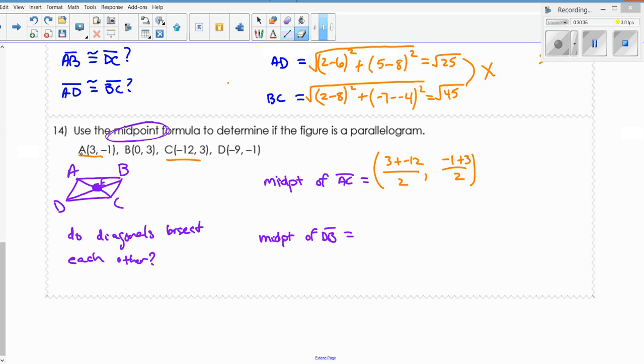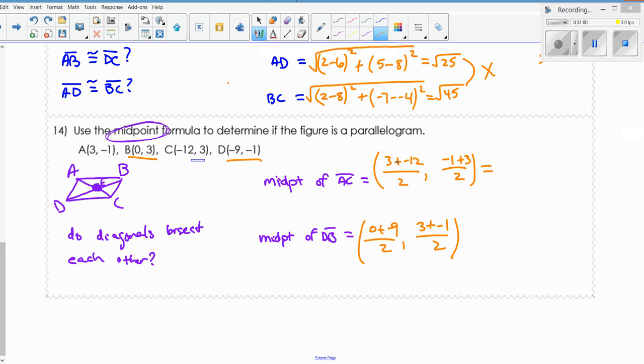Okay. And then I want to find the midpoint of my other diagonal, which is DB. So this one and this one. My x's are 0 and negative 9, so 0 plus negative 9 divided by 2. And my y's are 3 plus negative 1 divided by 2.